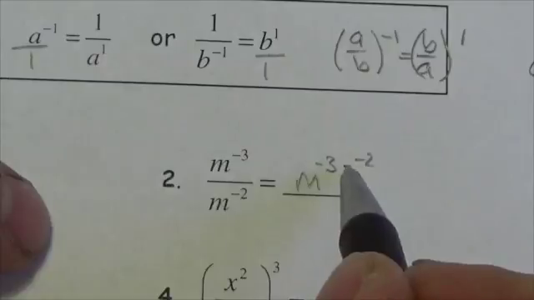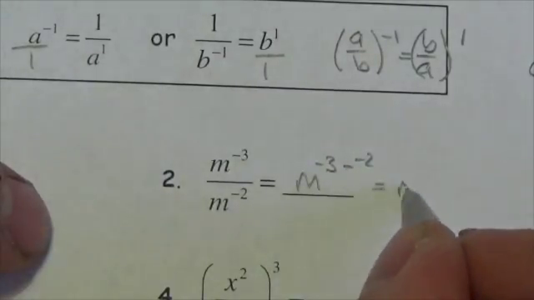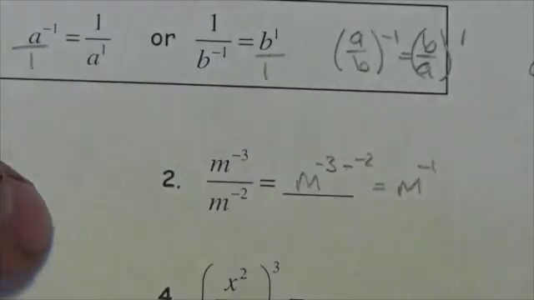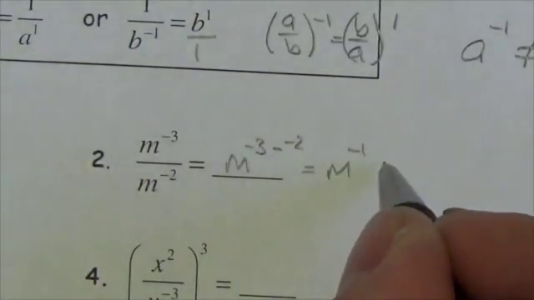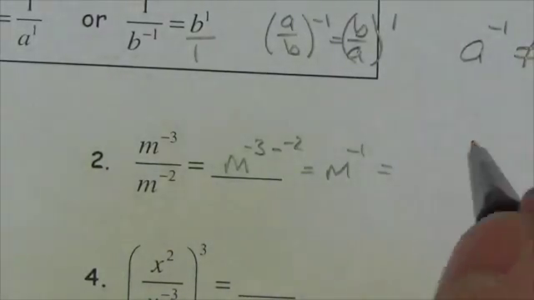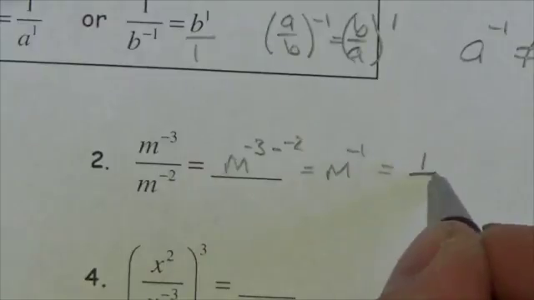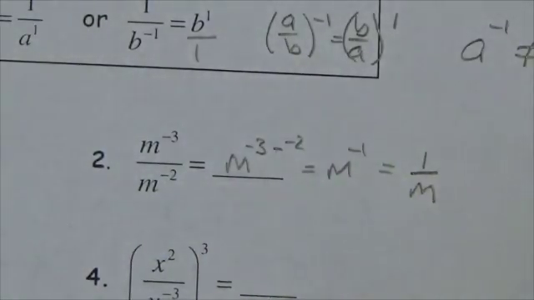Negative 3 minus negative 2, well, it's going to be negative 3 plus 2, or m to the negative 1. Now, all I really have here is an expression with a negative exponent. I would write that as 1 over m to the power of 1, and I don't have to write it if it's 1, right? The assumption is if you're not seeing the exponent, it's 1. So that's one way of doing it.